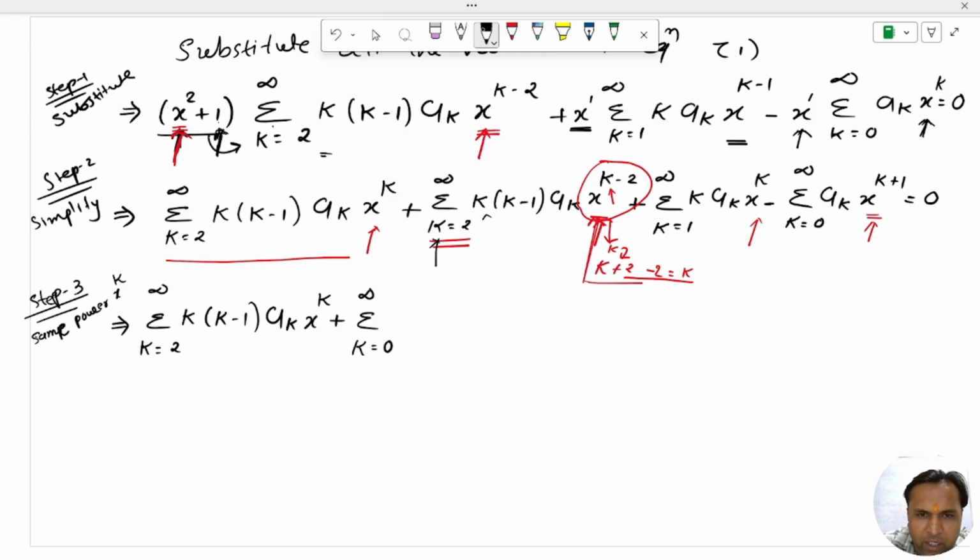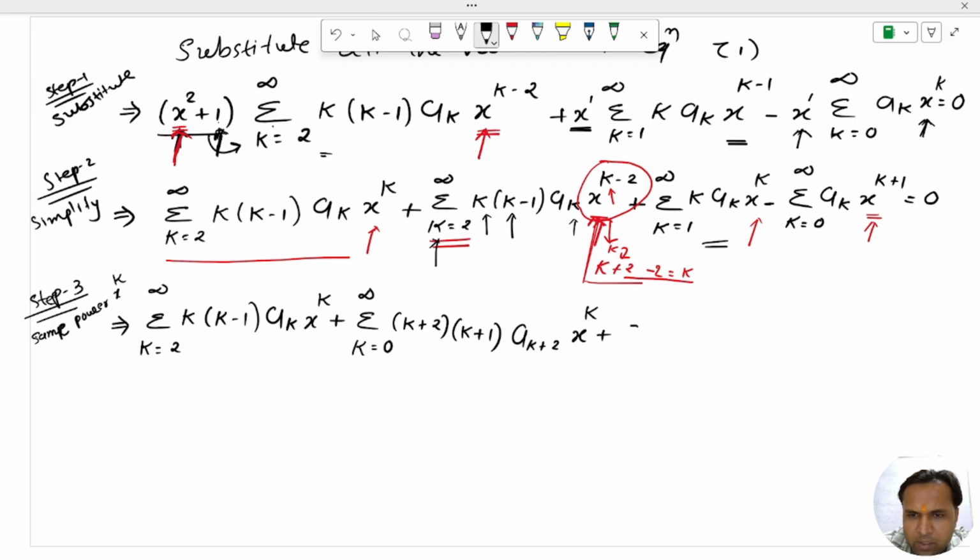In place of k, you have to take k plus 2. So here you have to take k plus 2, so it becomes k plus 2 minus 1, which is k plus 1. Here a_k, you have to take k plus 2, so it becomes a_(k+2), and here x raised to k. Is everyone clear? For this one, no need to change.